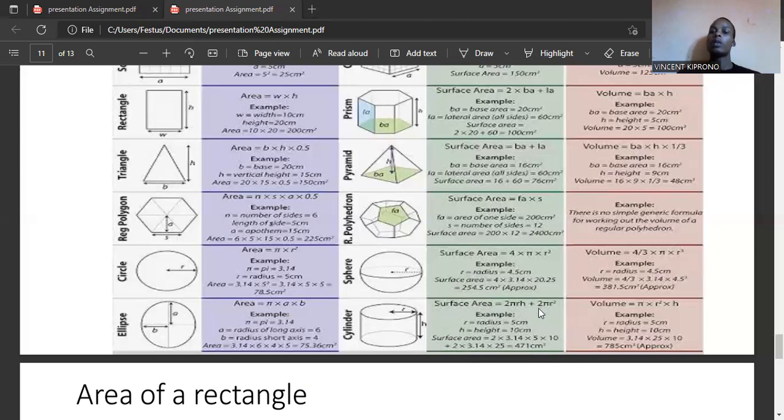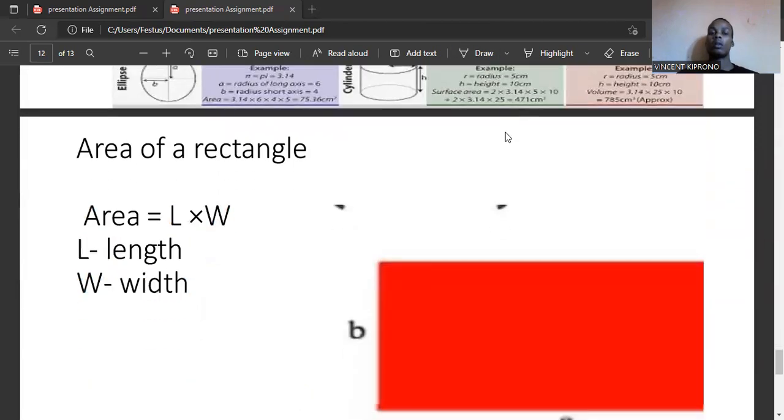We shall add the inner, 2 pi r squared, that's 2 times pi 3.14 times radius 5 squared, which is 25. So we shall have 471 centimeters squared. Okay, up to that far, I think you have all understood.